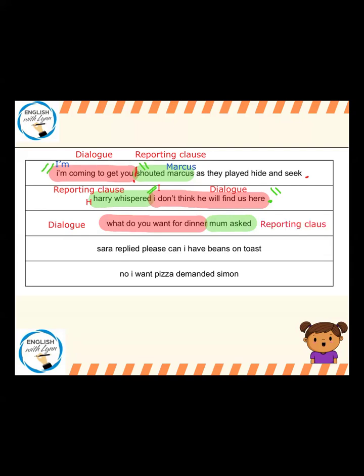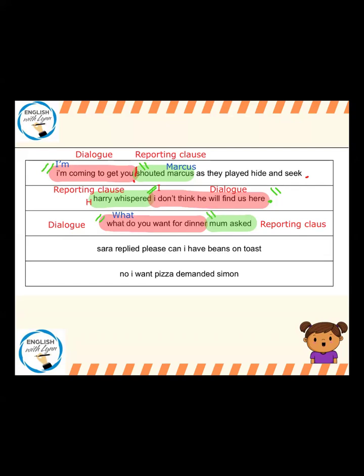So let's think about our punctuation again. We're punctuating the dialogue first. We're going to use our inverted commas, at the beginning of the speech and at the end of the speech, okay? Then I need to remember my capital letter for "what". So let's put that here, just above it, so that you can see that it has the capital letter.